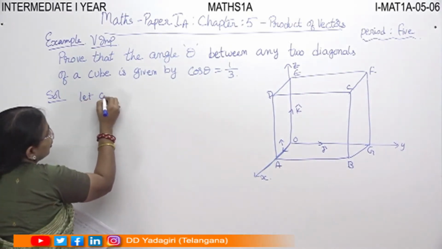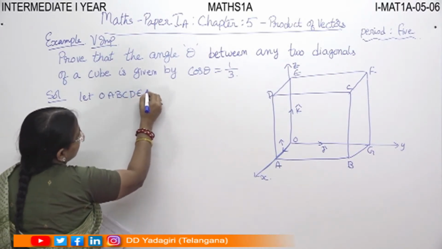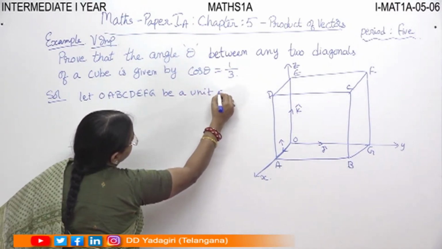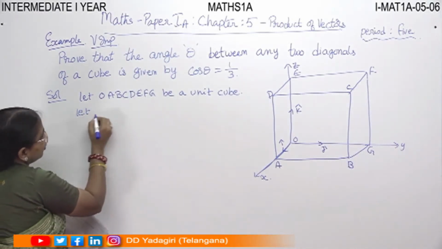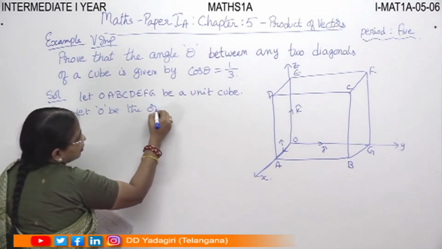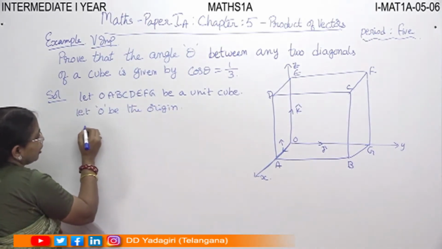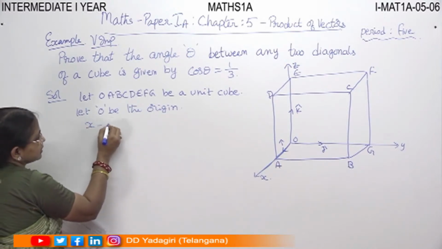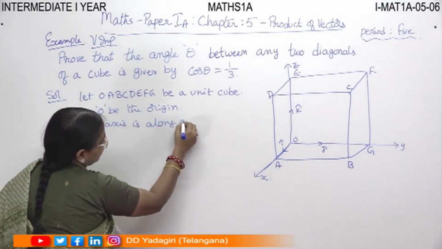Let O, A, B, C, D, E, F, G be a unit cube. Now let O be the origin. The x-axis is along OA.